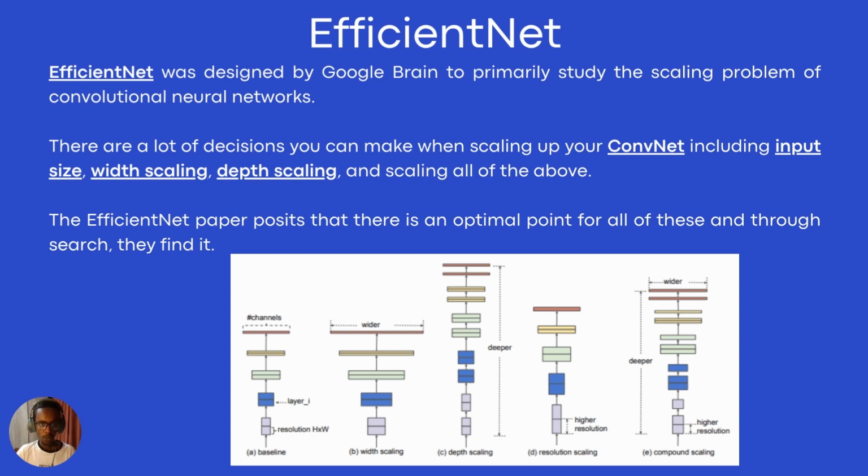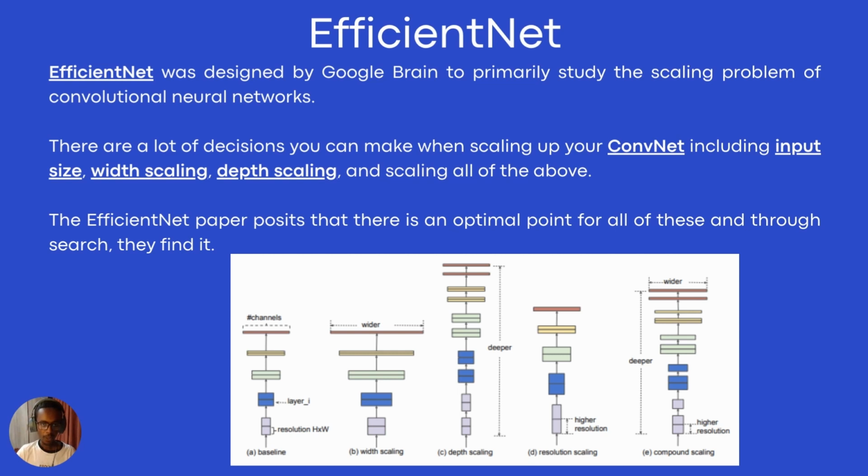If you want to increase the performance of your network, there are a bunch of things that you can do. So the three main things that they changed in this experiment started with the input resolution size, because when you increase the resolution of the input image, you can better detect smaller objects, so that will increase your performance.